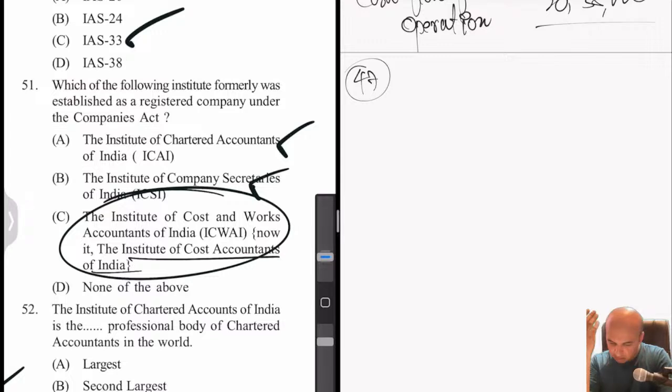Whereas ICAI and ICSI were both established as statutory bodies under the respective acts of Parliament. So when they were established, there was no question of conversion from companies to statutory bodies, but only in the case of option C it happened. So otherwise, yeah, let's move on.